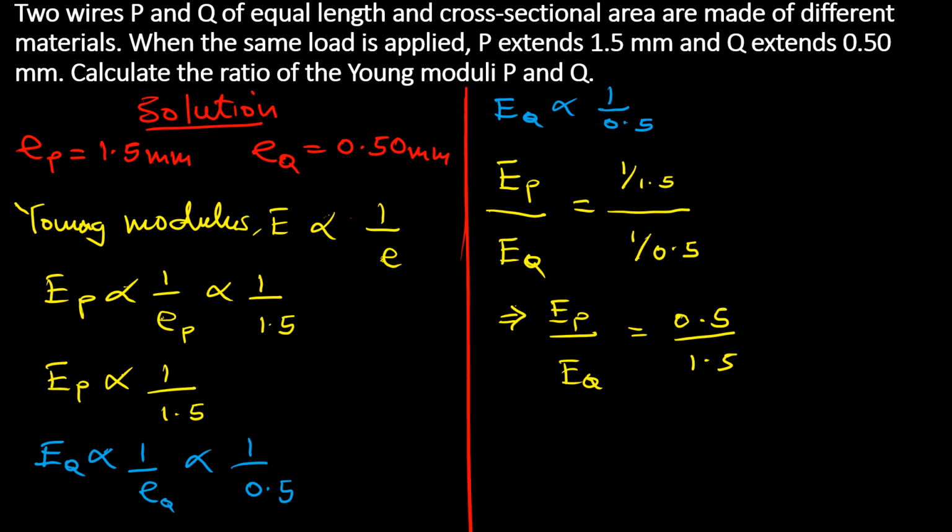So by using calculator, EP over EQ will be equal to 1 over 3. So therefore the ratio of EP and EQ will be equal to 1:3.